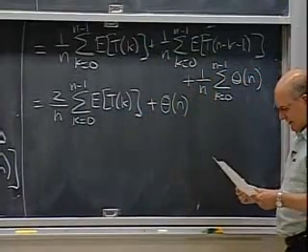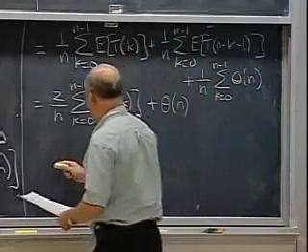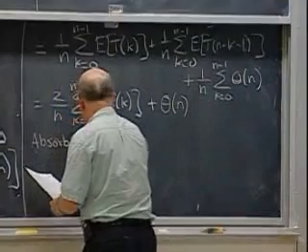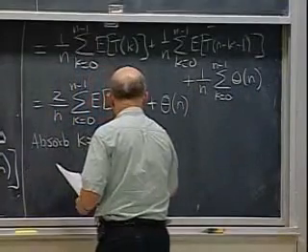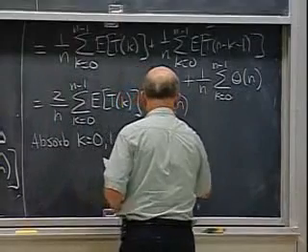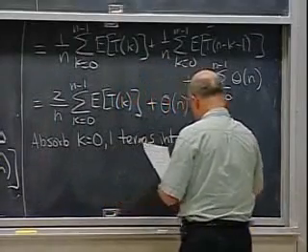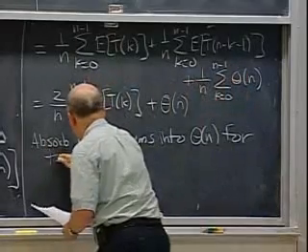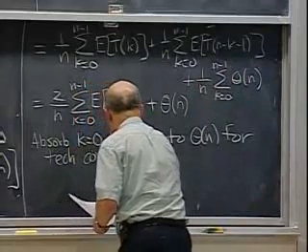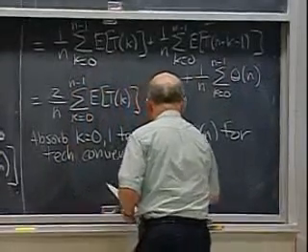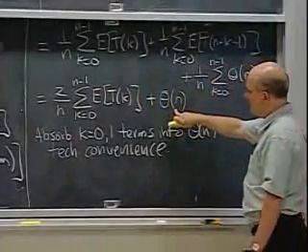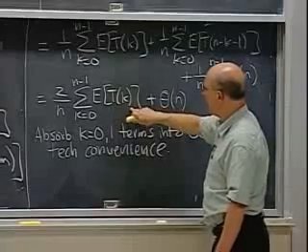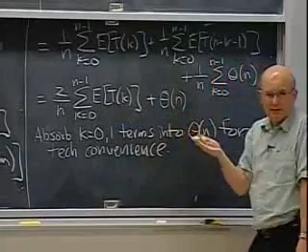Okay. So now what we're going to do is something for technical convenience, because we're going to absorb the k equals 0 and 1 terms into the theta n. So we have a recurrence here where I have an order n. And if I look at the cases where k equals 0 or k equals 1, I know what the expectation is for 0 or 1.